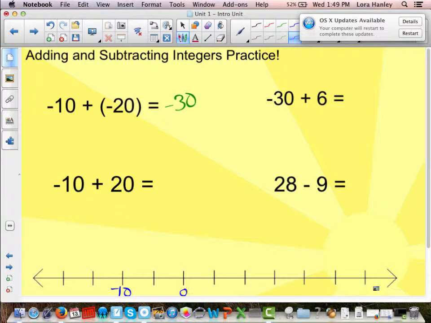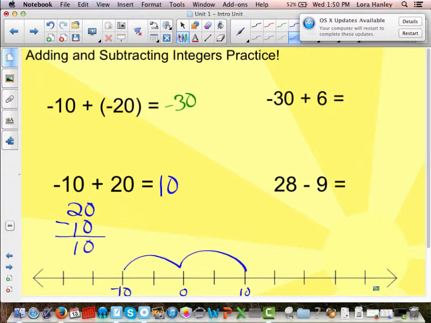So if I add 10 to that, I'm at 0, and another 10, I am at positive 10. So I started at -10, I added 20, and I end up at positive 10. You can also think of this as 20 minus 10, which would give you 10. You can always move around your numbers as long as you take their sign with them.